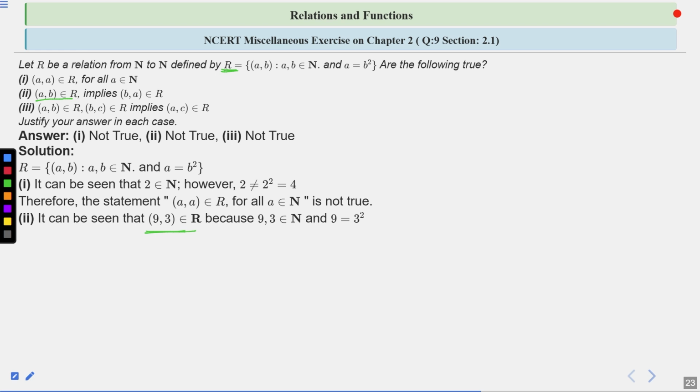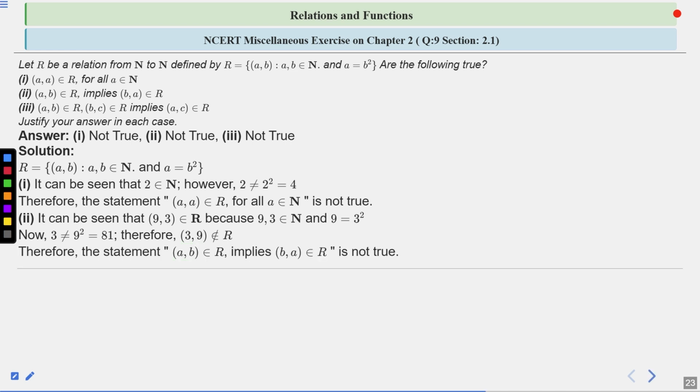No. Why? Because if (3, 9) belongs to R, then 3 must be equal to 9 square, but it is not equal. So (3, 9) doesn't belong to the relation R. Therefore the second statement is also not true.